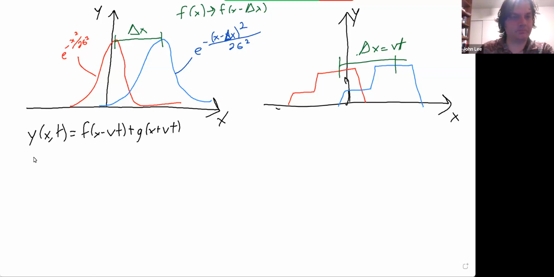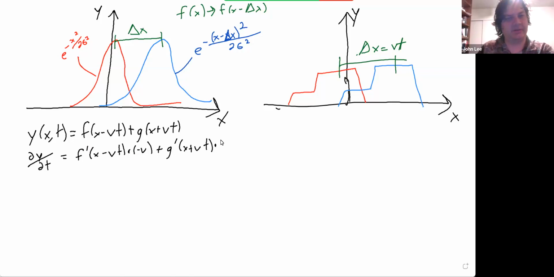So if you take the derivative of this, I'm going to take the time derivative first. It becomes f prime of x minus vt times negative v, because that is the derivative of what's inside, for the chain rule, plus g prime of x plus vt times positive v.